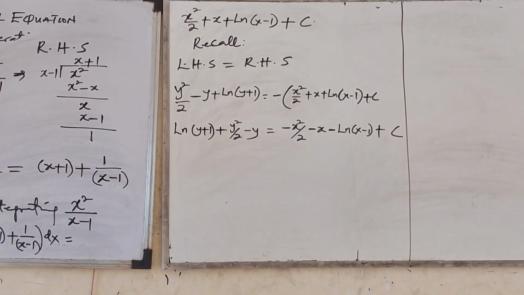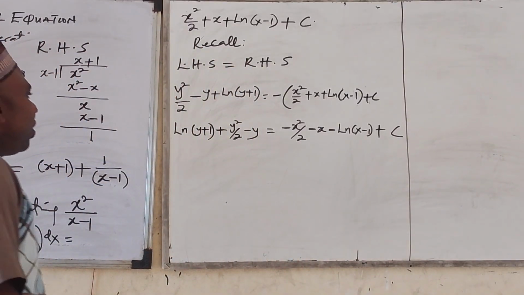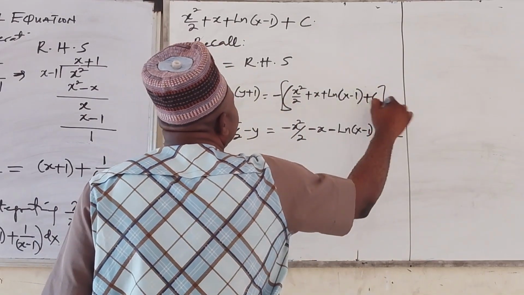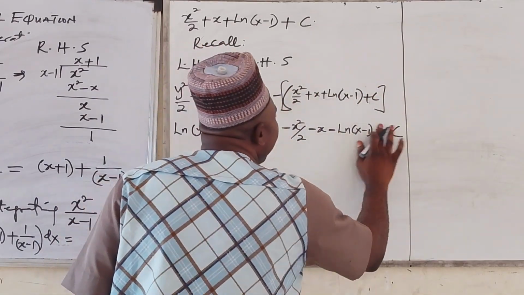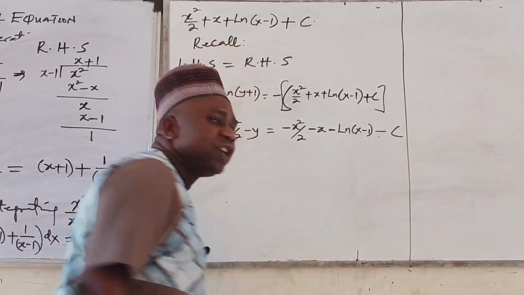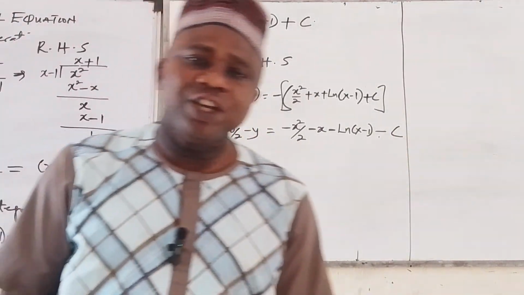Yes, we have plus c. So it therefore means that now the whole of this, this minus will change this to minus c. Okay, so this c is an arbitrary constant.